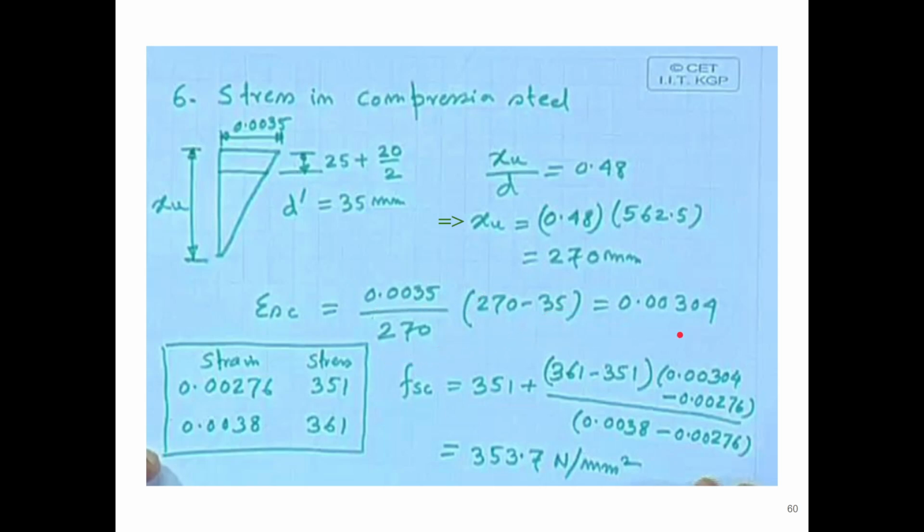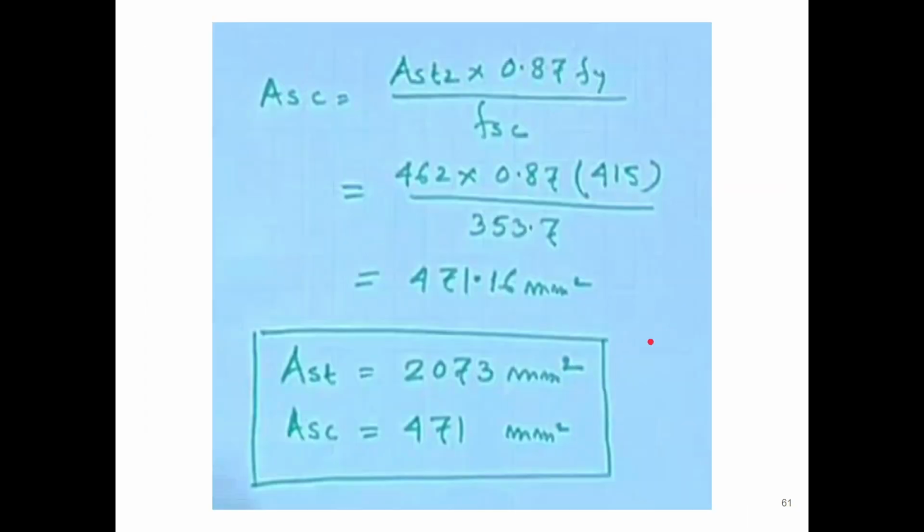That will be equal to 0.00304. Using this value from the design stress strain curve, we calculate the FSC value for a strain of 0.00304 using interpolation as 353.7 megapascal.